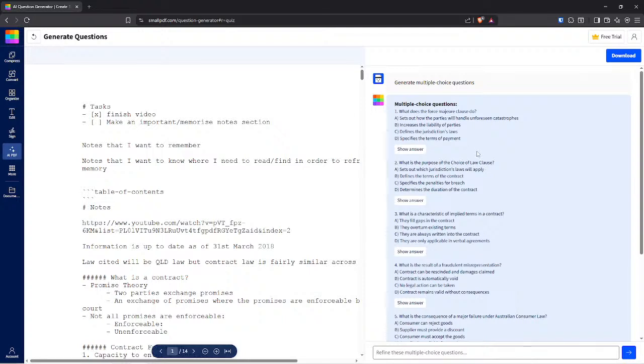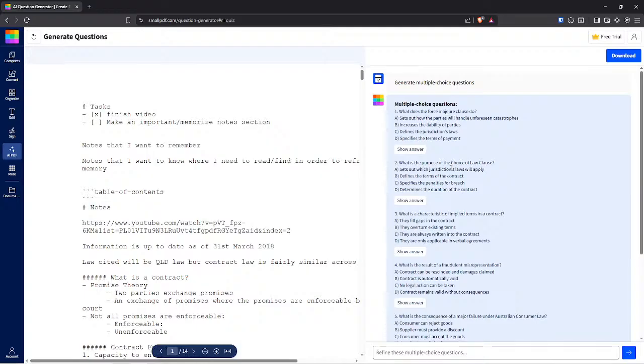Set out how the parties will handle unforeseen catastrophes, or increases the liability of parties. I think it's that one, but I'm going to double check. Force majeure sets out how the parties will handle any unforeseen catastrophe, removes the liability of parties. For example, if there was a bushfire, you don't need to mow the lawn or pay for mowing. Okay. So A.